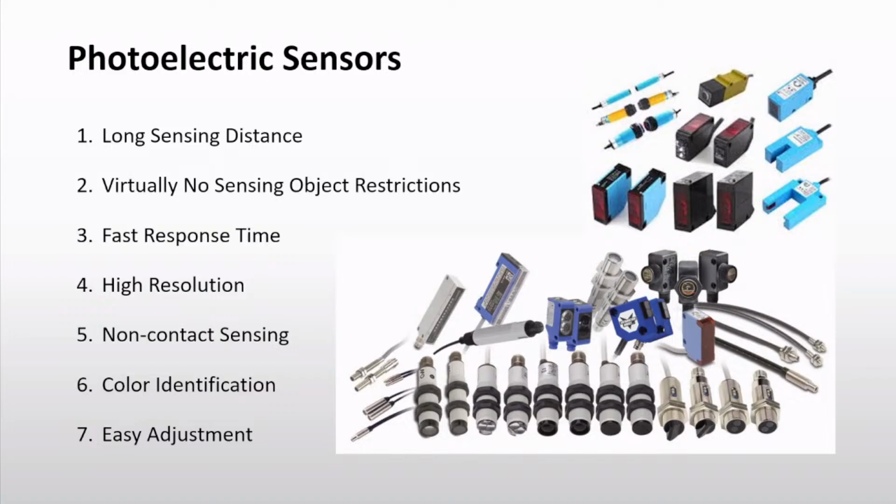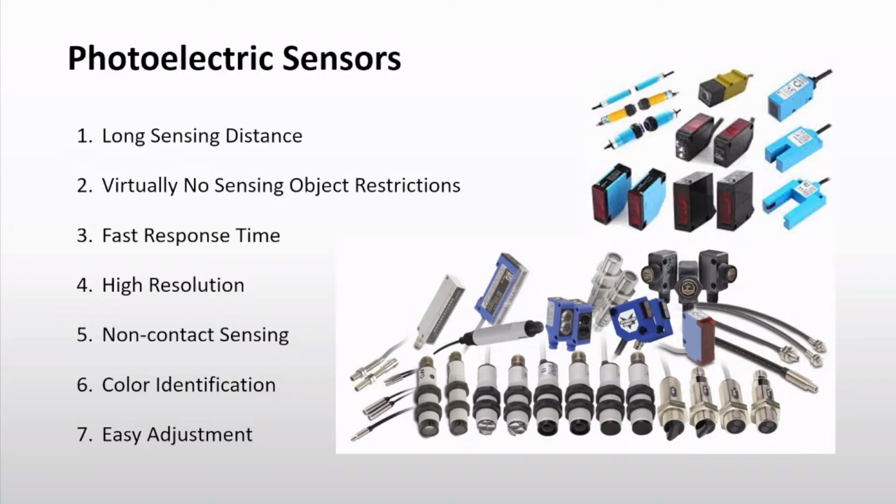Therefore, we can use these photoelectric sensors to detect any type of object, regardless of its material, color, shape, or surface. Regardless of those things, we can detect it with photoelectric sensors. That means there are virtually no sensing object restrictions.